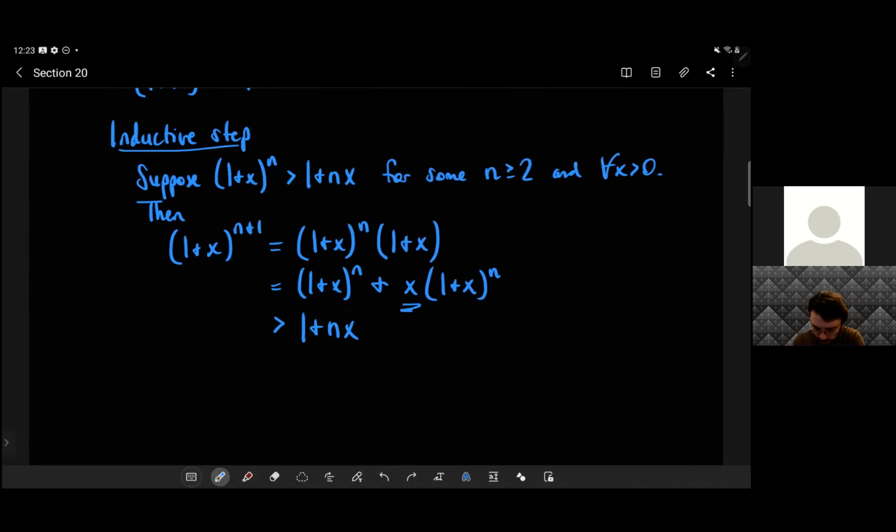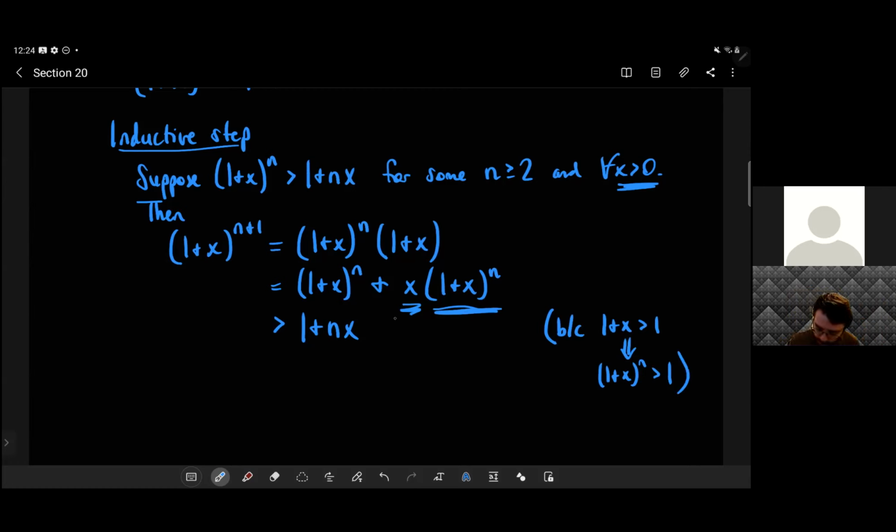Well, there's an x here. And think about this term. We know x is positive. So 1 plus x is actually bigger than 1. 1 plus x to an integer power, well, if you start with something bigger than 1 and keep exponentiating, you're still going to get something bigger than 1.